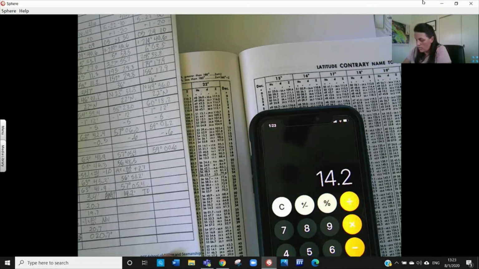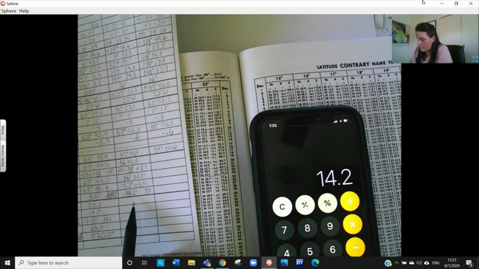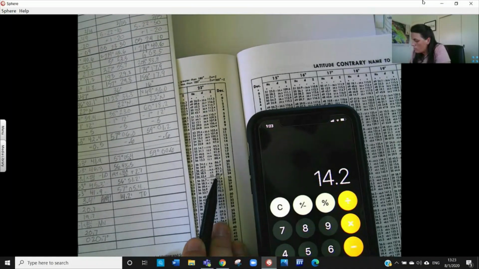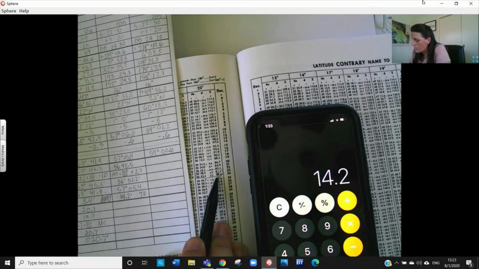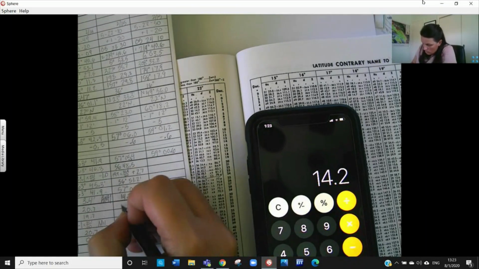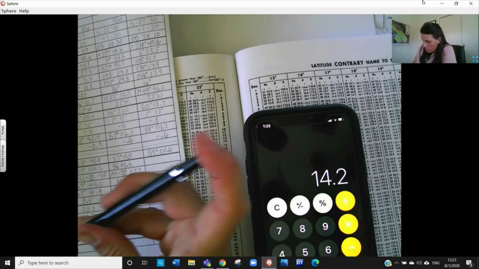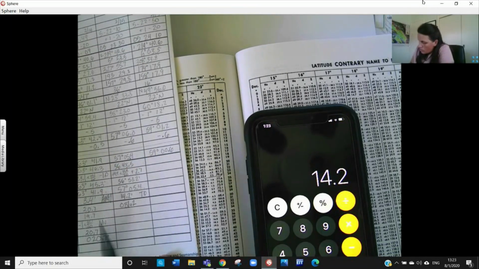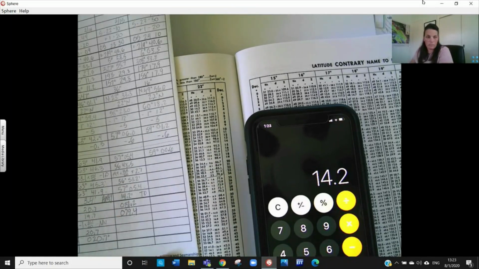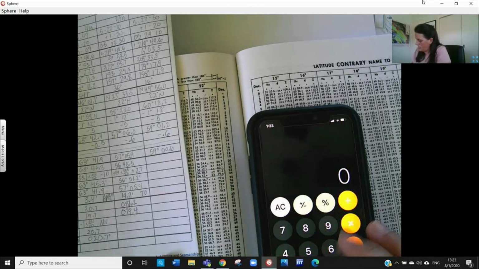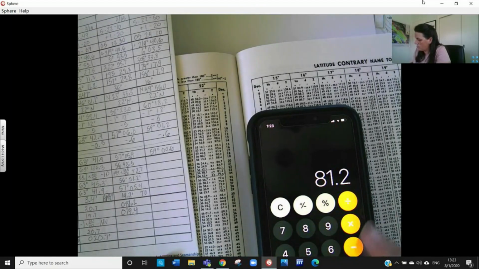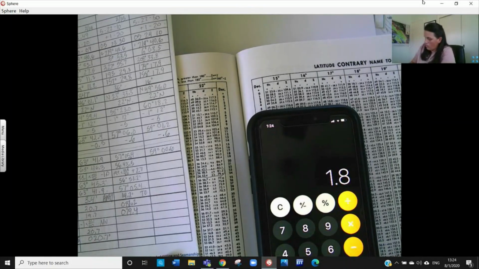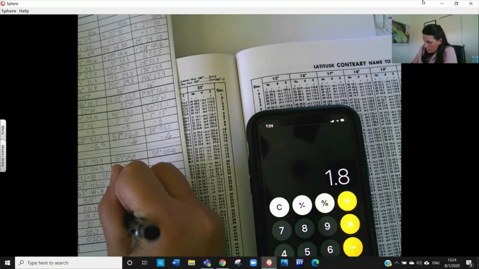So now we're going to go with our Z, our azimuth. So here at 23 for our declination, we have 081.2. And then our next Z was 079.4. So we need to figure out what the difference is. They don't give it to us. We are subtracting 1.8.